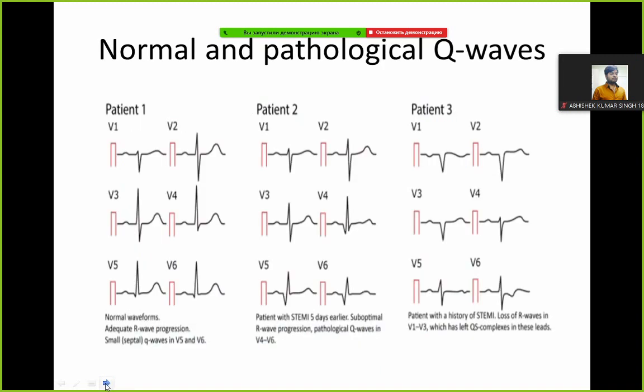So this slide shows normal and pathological Q waves. Patient 1 has a normal septal small Q wave in V6. Patient number 2 is a patient with STEMI 5 days earlier, so he has pathological Q waves in V4, V5 and V6.